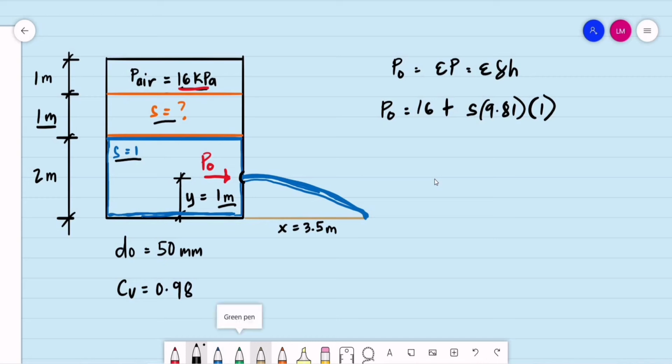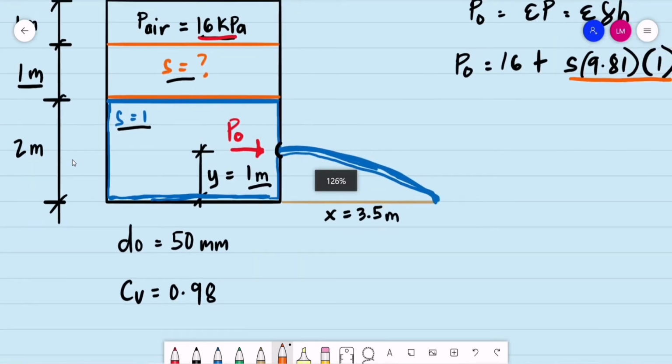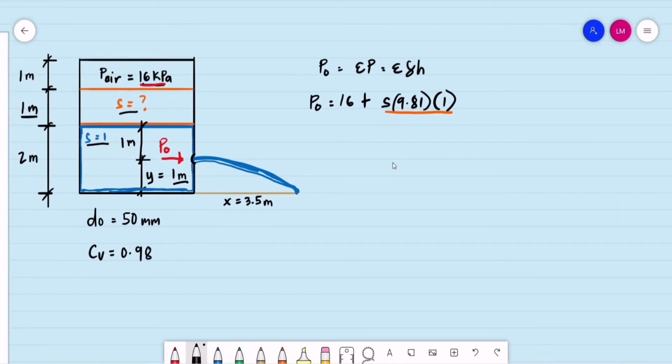Ito yung pressure para dun sa unknown liquid na gamma H. Okay, so since 2 meters yung depth ng tubig, 1 meter din yung hanggang dito sa orifice. Okay? So, 1 meter din ng tubig. So, that is gamma H. So, plus, okay, tubig yon. Okay, 9.81 times yung height hanggang sa orifice is 1 meter.